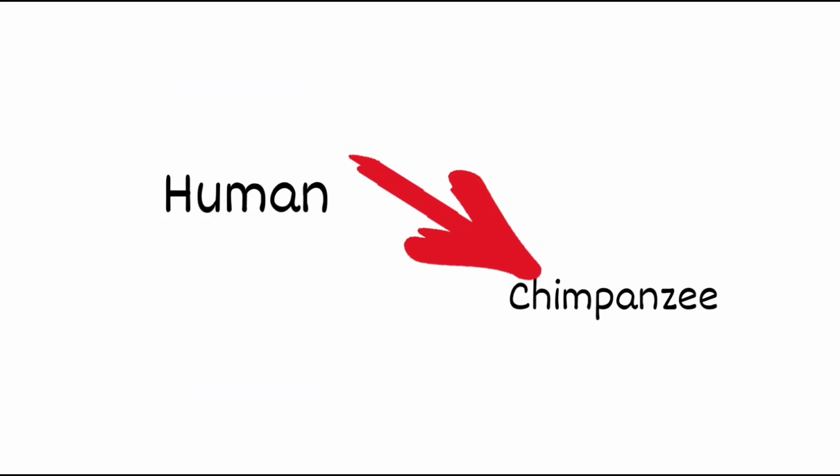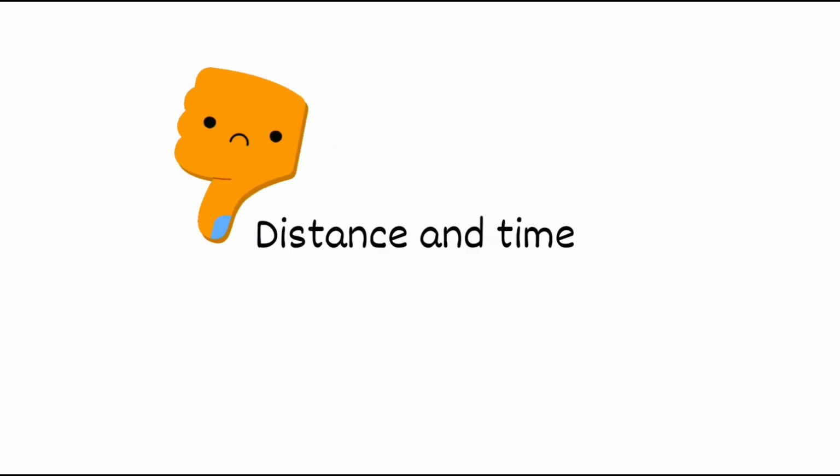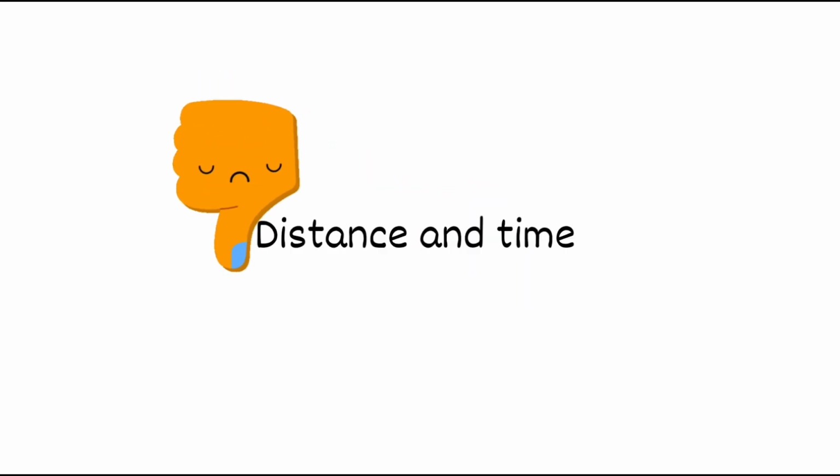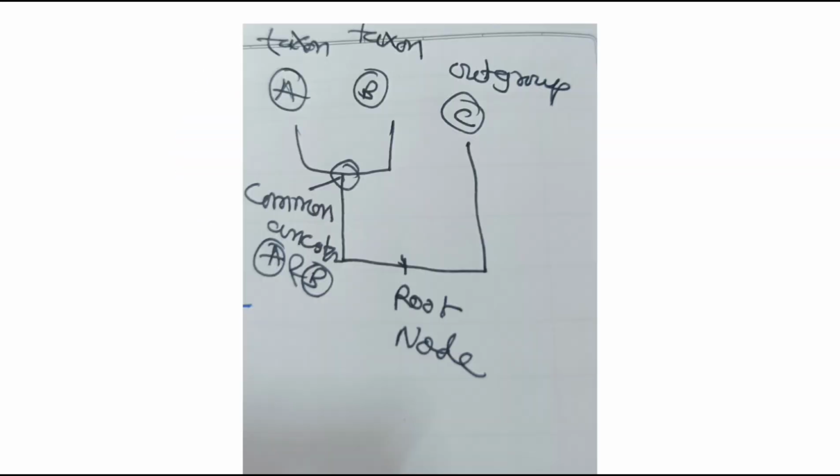For example, a cladogram shows humans are more closely related to chimpanzees than to gorillas, but it does not show the evolutionary time or distance from the common ancestor. It is like a tree diagram drawn using lines. The nodes of a cladogram represent the splitting of two groups from a common ancestor. Clades are built using molecular differences instead of morphological characteristics, though a cladogram can also be constructed using morphological and behavioral data.